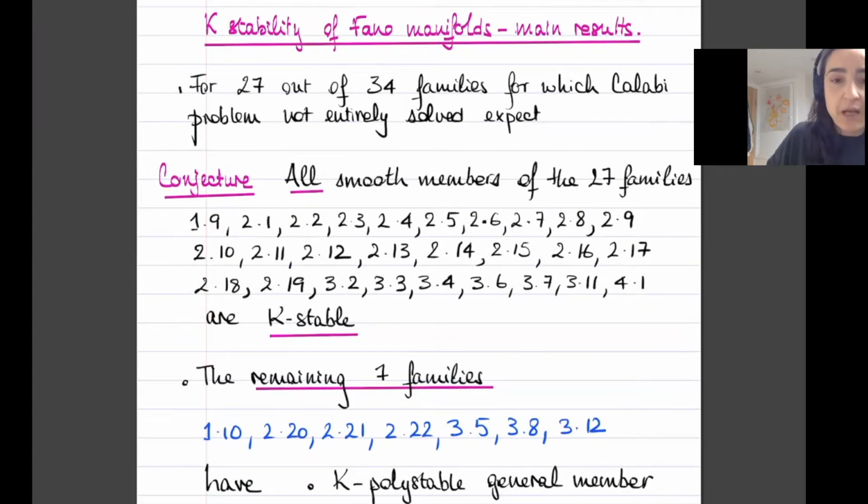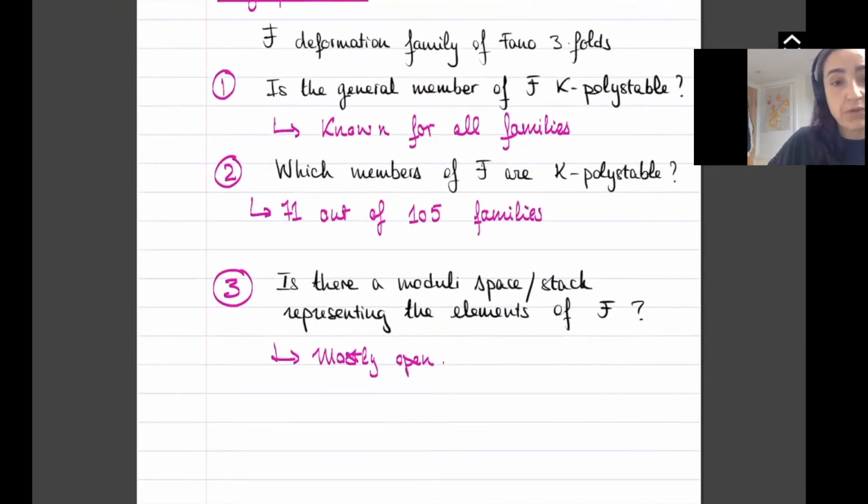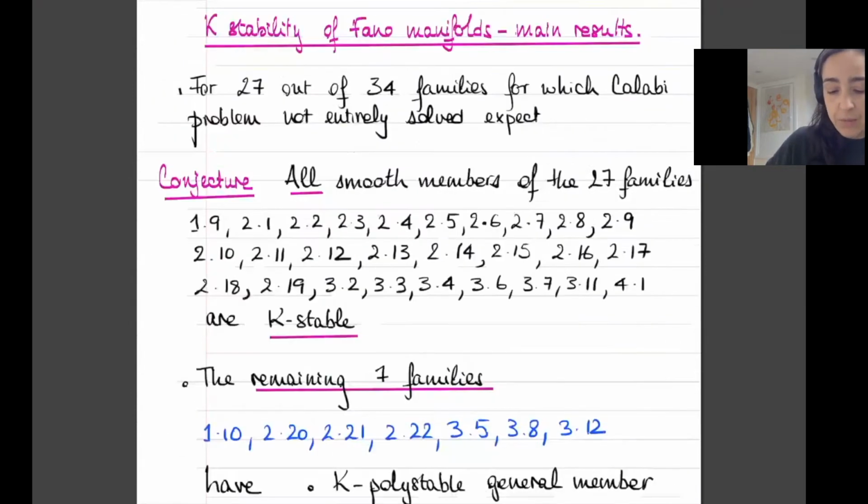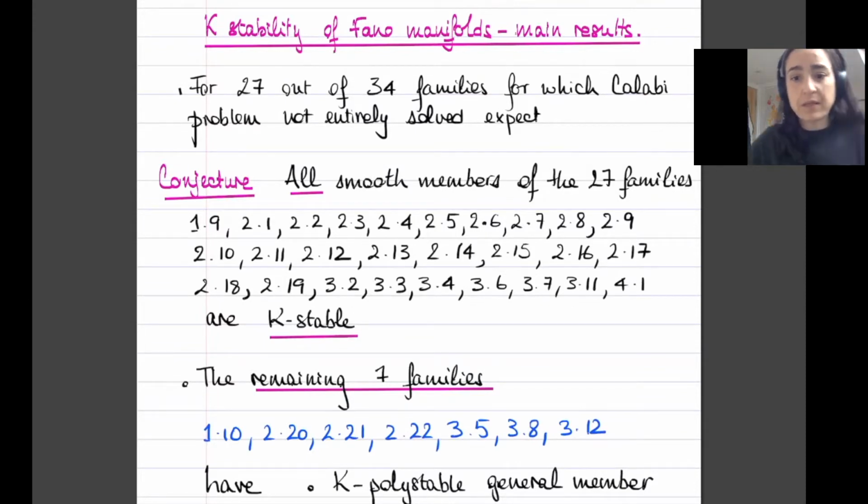So let me go back to what we proved in that preprint, and to the answer to question 2. So what do we expect to happen in the cases that we don't know, which is what I'd like to focus on today?